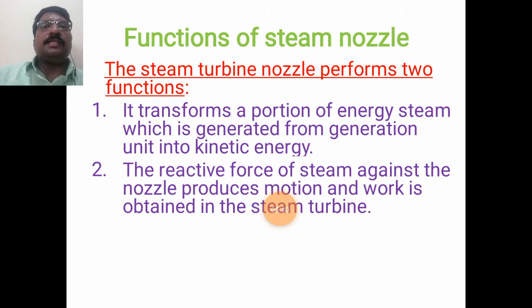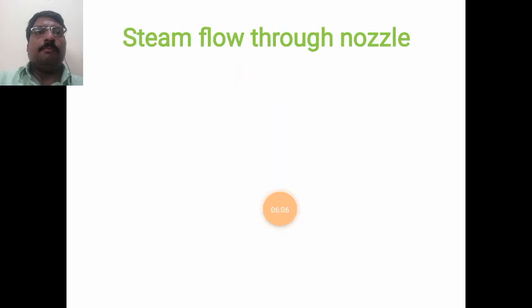Once that high jet hits the turbine blades, the blades tend to rotate, which in turn produces some amount of work. That is another major function of the steam nozzle. The first function is transformation of energy, and the second function is production of motion in the turbine. These are the two functions done by the steam nozzle.